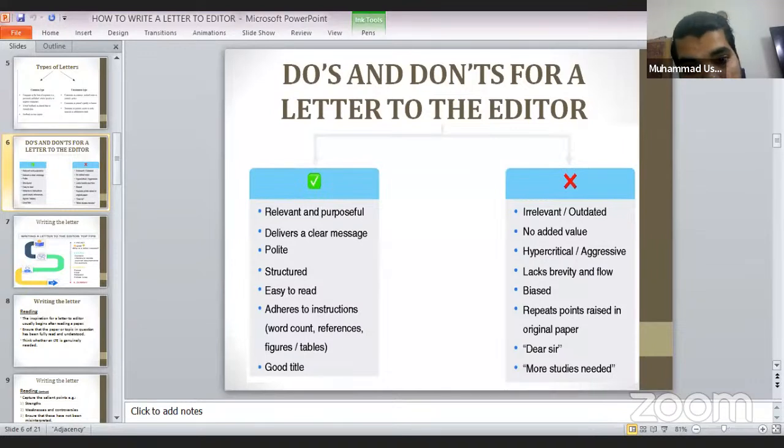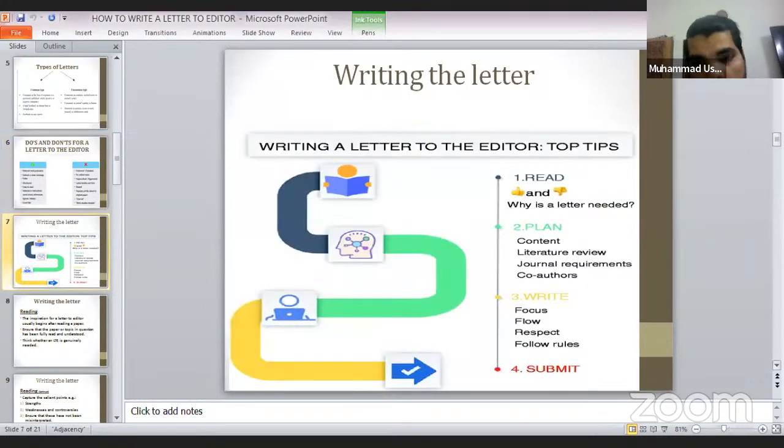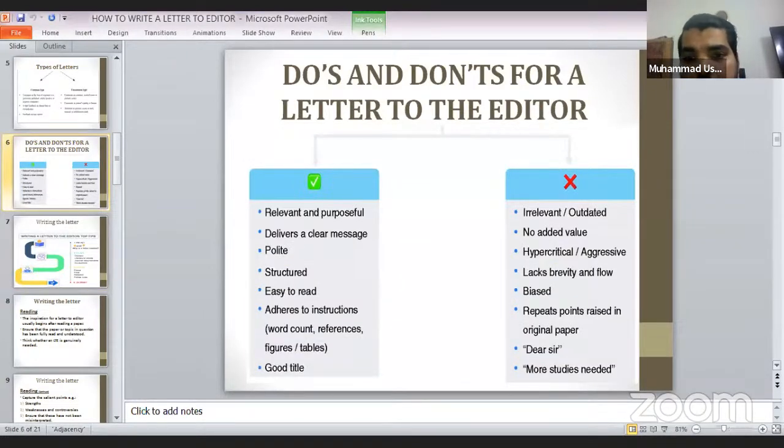Repeating points raised in the original paper should also be avoided. Instead of saying "Dear Sir," you should say "Dear Editor," because "Dear Sir" is outdated terminology. Similarly, "more studies needed" and "we need to explore this" are very cliche statements, and we should avoid these kinds of statements.